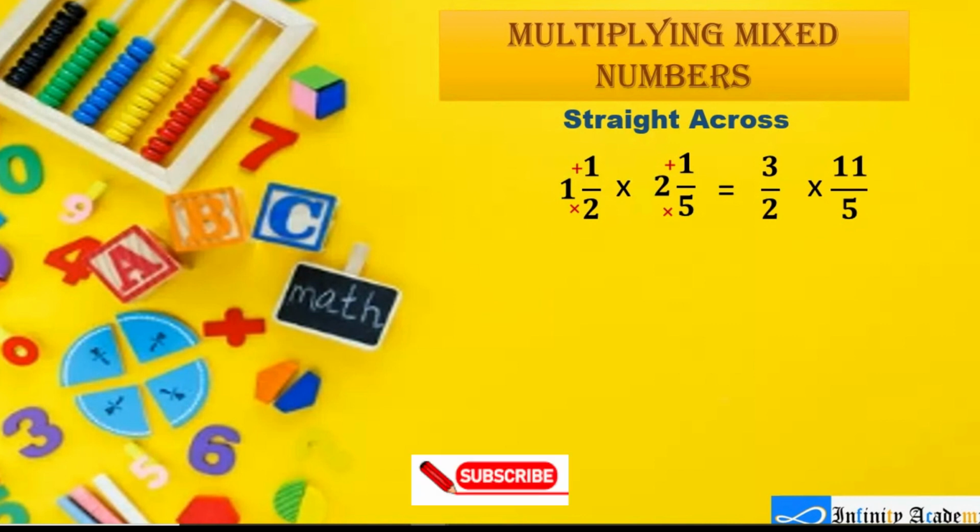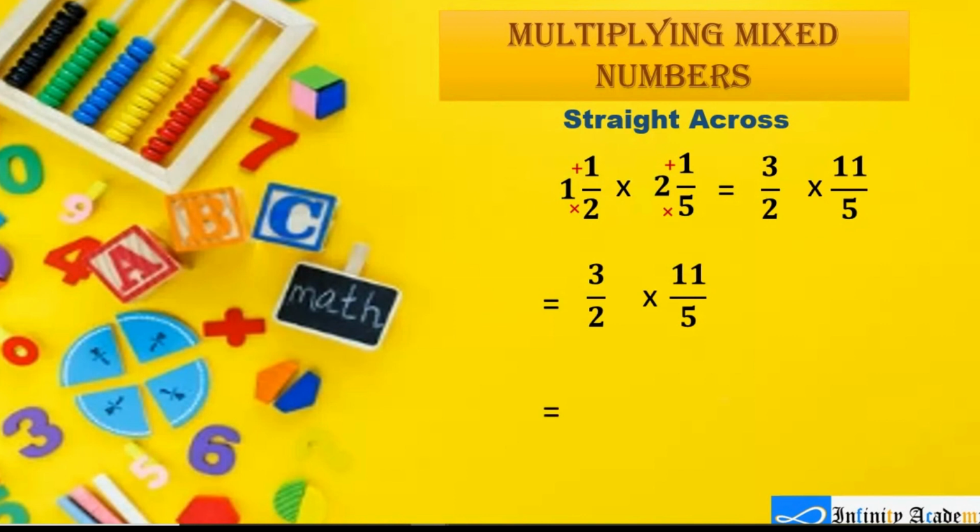Now just solve these fractions straight across. This means that you simply multiply the numerator with the numerator and the denominator with the denominator. So multiplying numerators, 11 times 3 is 33, and 5 times 2 is 10. So we got 33 by 10.